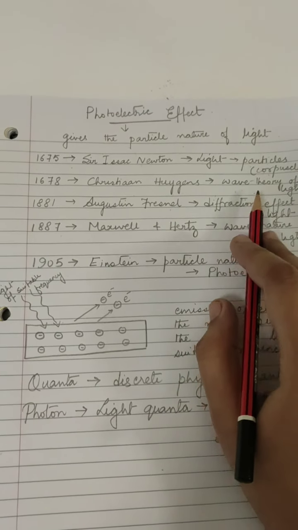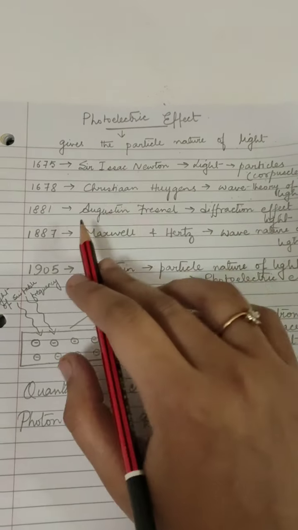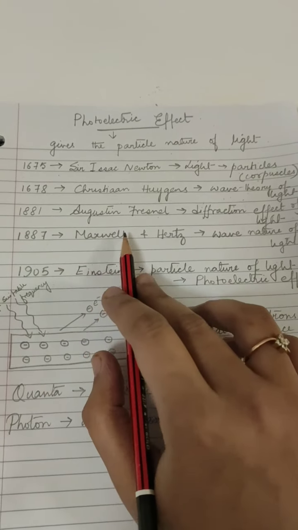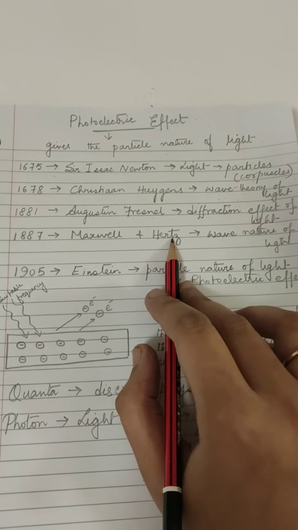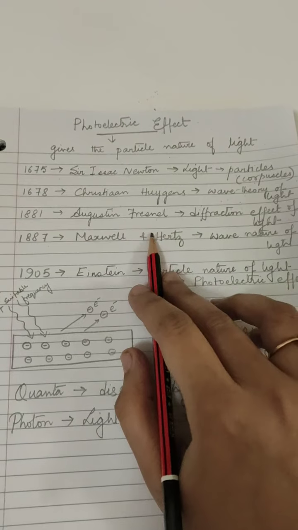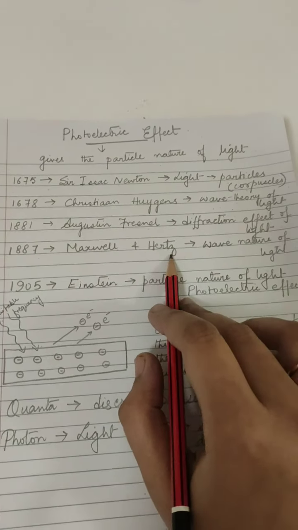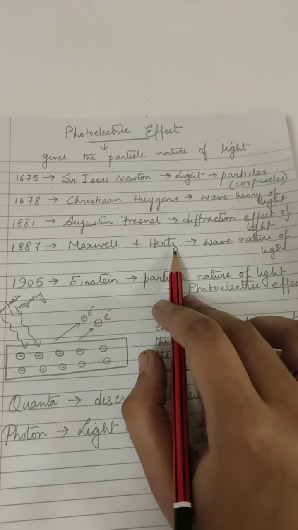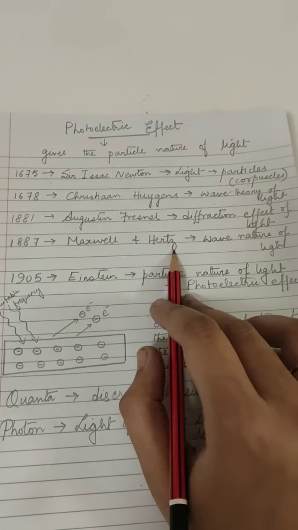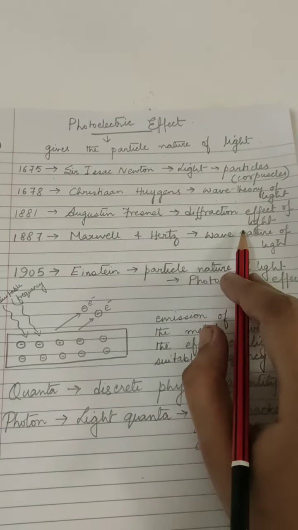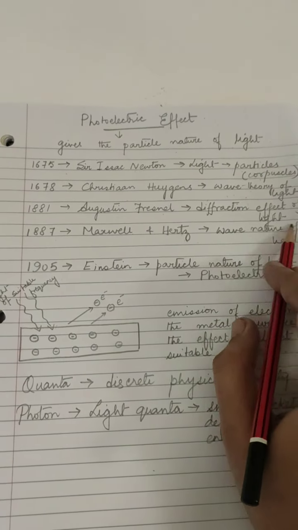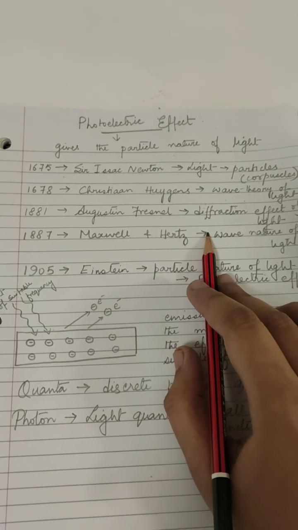diffraction effect of light with the wave theory, and in 1887 when Maxwell established his equation of electromagnetism, and Heinrich Hertz with his experiments on generation and detection of electromagnetic waves strongly established the wave nature of light.